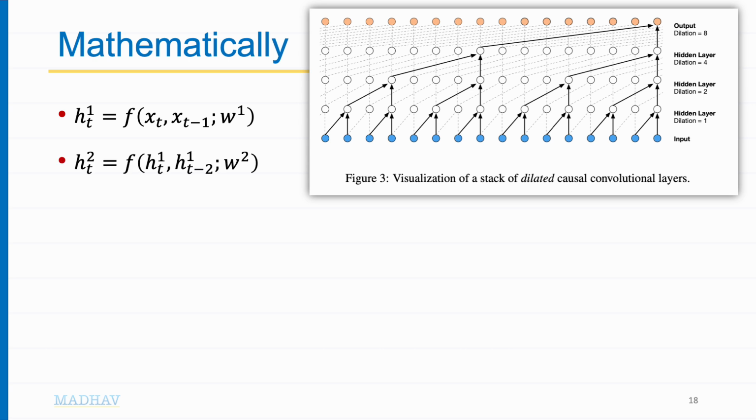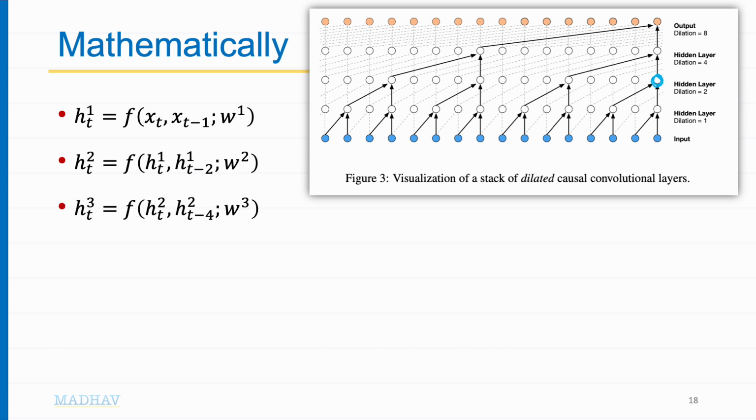Likewise, my h2 at time t, talking about this node. So this node depends on what? h1 at time t and time t minus 2, not 1. And W2 is the parametric weight vector.